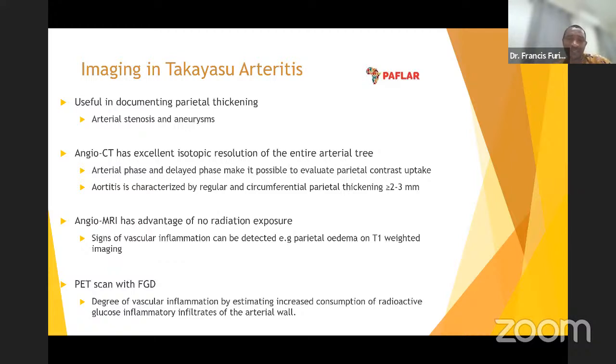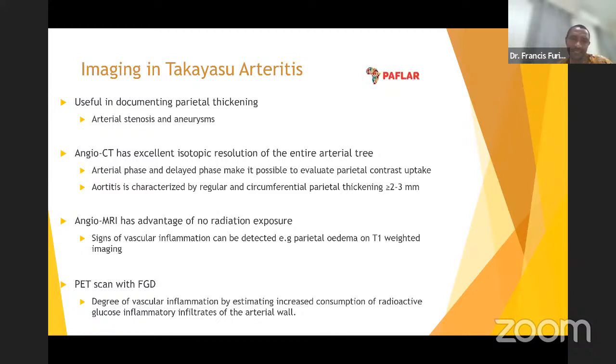But again, it has radiation exposure, which makes it quite limited in children, particularly if you really need to do it several times. Angio MRI is quite good. It has the advantage of no radiation exposure, and it can also pick signs of vascular inflammation, particularly when you are using T1 weighted imaging.